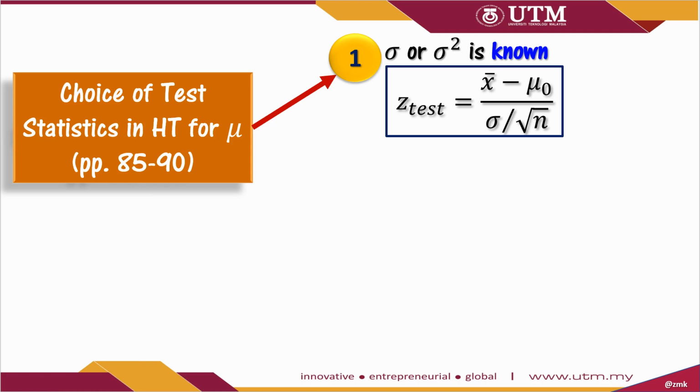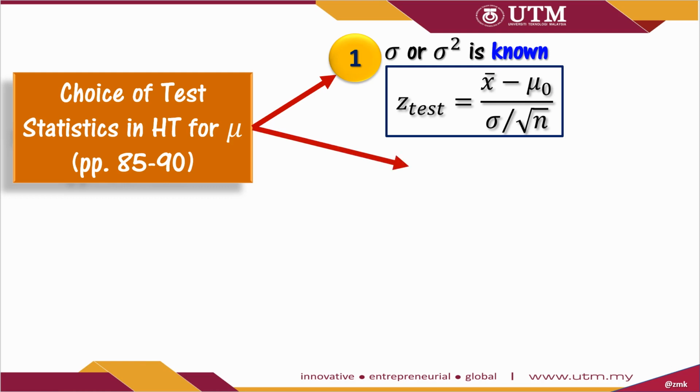You should notice that the formula is very much similar to the standardized Z formula you learned in Chapter 2 on sampling distribution, which is available in the statistical table, page 2. The only difference is that you need to use a mu value stated under H naught, denoted by mu naught.